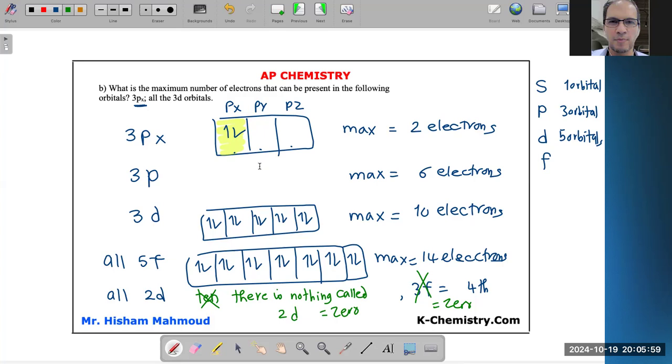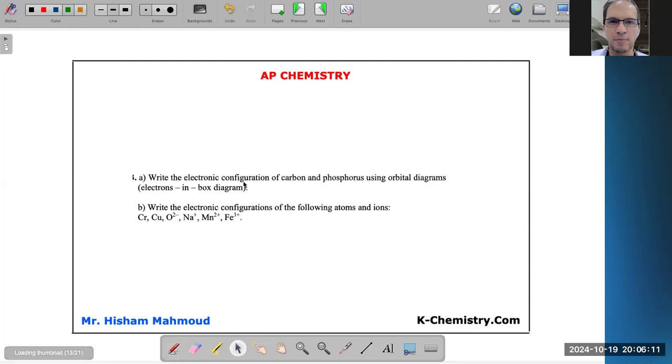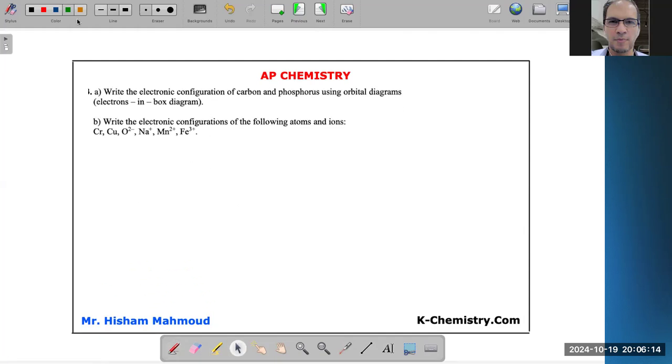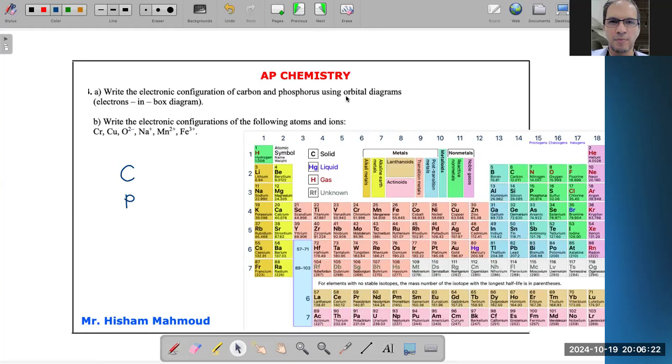Let's remember, Julian. What is the electronic configuration of carbon and phosphorus using the orbital diagram? Be careful when he says orbital diagram, so I need to make it in the form of boxes, electrons in box diagram. So what is carbon and what is phosphorus? Let's do this fast. Carbon is 6 electrons.